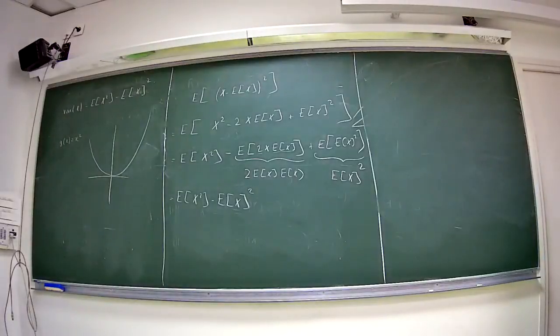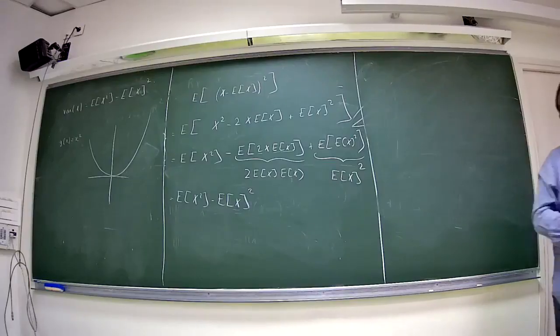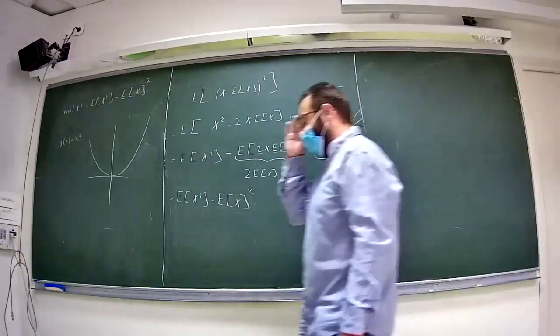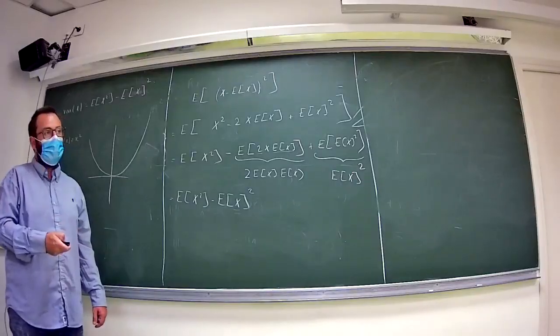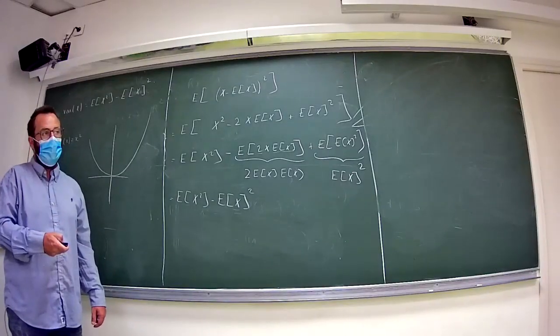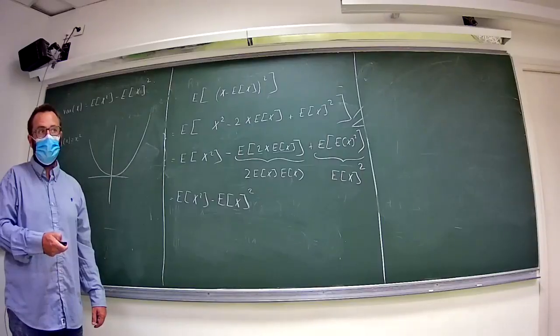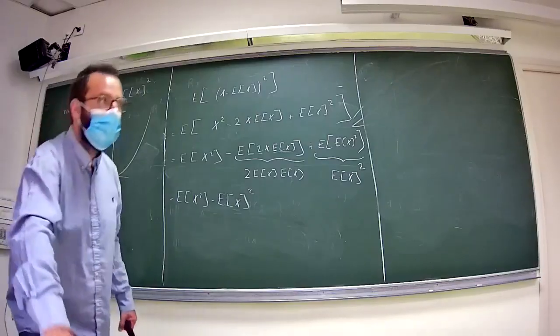Just keep in mind that here you have a bilinear form, and here you have the quadratic form that is associated to the covariance. But you see that if you take, in my definition of the covariance here, y equal to x, you will recover the variance. If you take x equal to y, in the slide here, you obtain the variance.